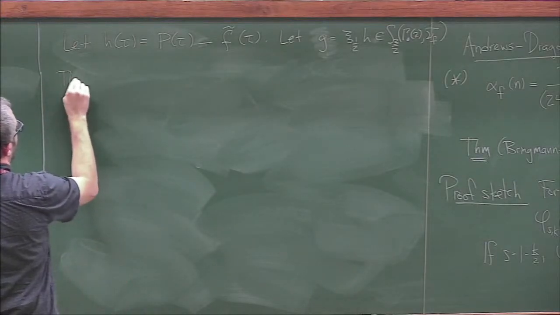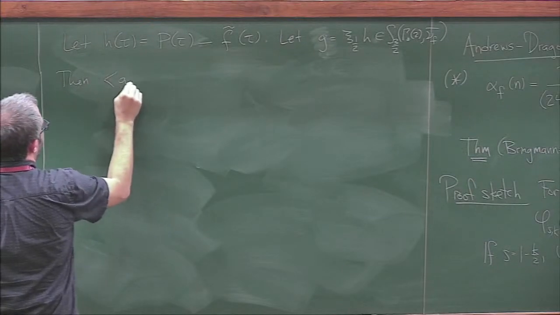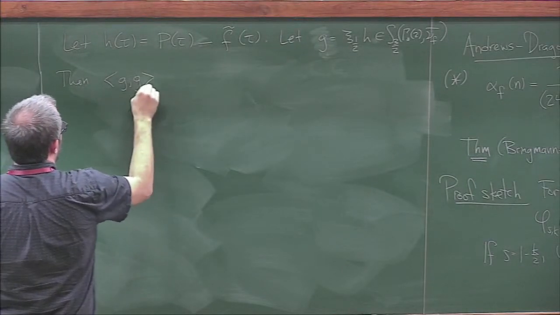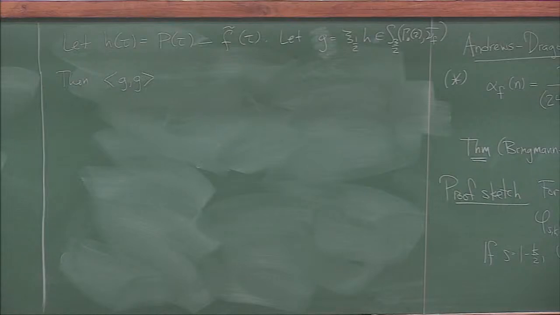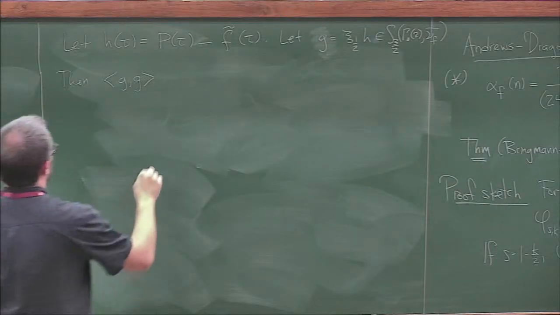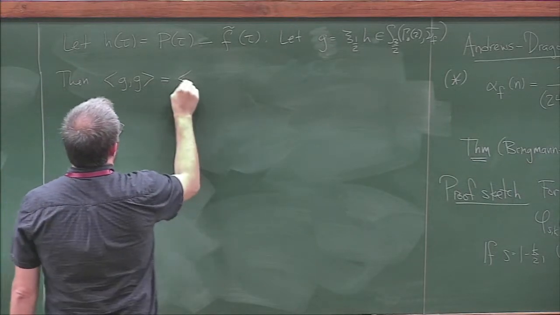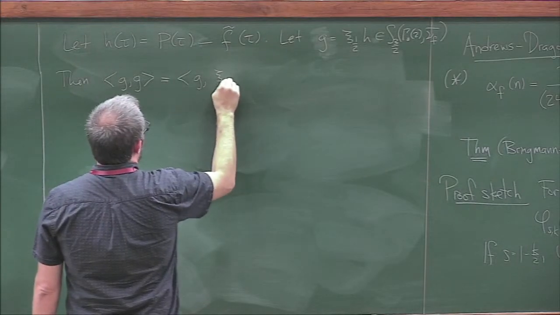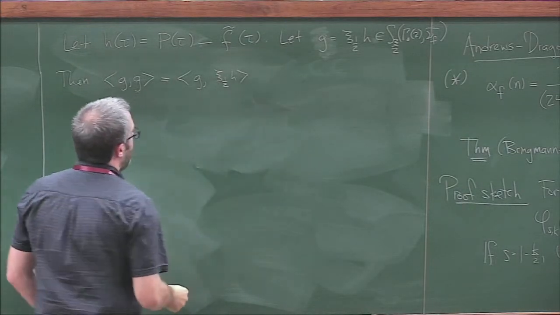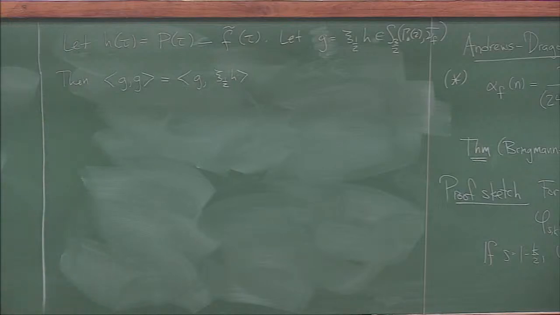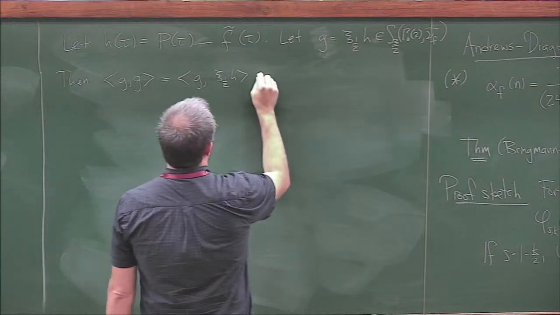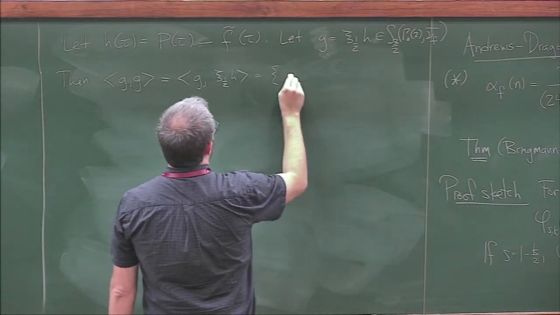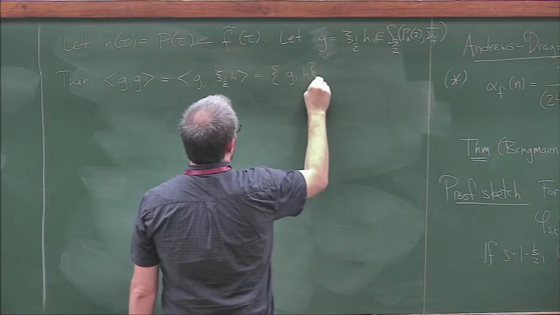So let's compute the inner product of g with itself. The inner product of g with itself is the same thing as the inner product of g with c1/2 of h. And if you remember from, what was it, lecture 2, maybe, Michael's lecture 2, the Bruinier and Funke pairing, this is precisely the definition of the Bruinier and Funke pairing. So this is GH.